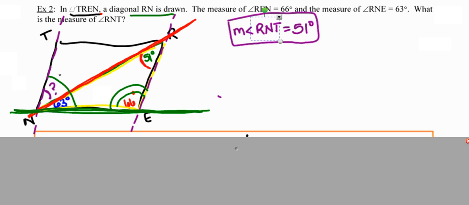So again, a couple different approaches, both of which are correct, but just use different properties of the parallelogram in order to solve them.